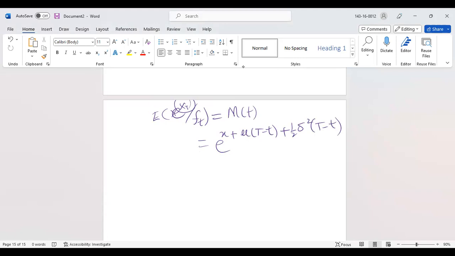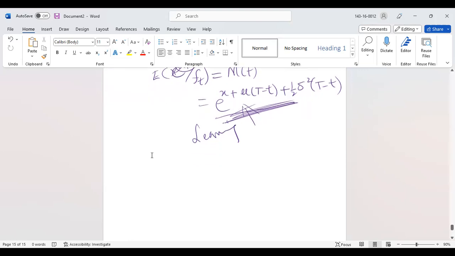You have to research it a bit and make sure of this, so I'm leaving it for you. You just need to make sure that if your random variable is X of t, which is normally distributed with this mean T minus t and with this variance sigma square T minus t, then its MGF is going to be equal to this.